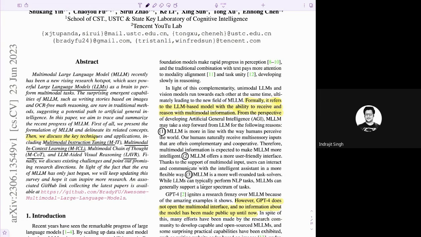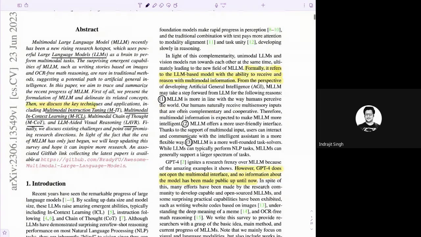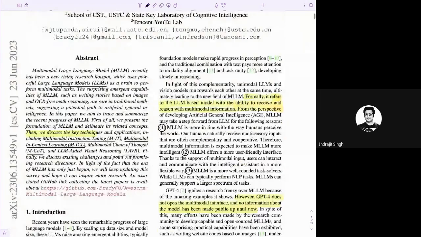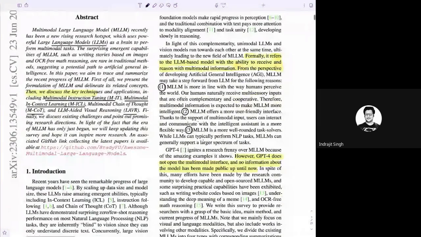LAVR and chain of thought are both becoming hot areas, which I would say are a subdomain of the way we do prompting for these LLMs, nothing else, right? Finally, we'll discuss the existing challenges and point out promising research directions. Okay, so there is a GitHub for this. You can search for this paper, go to the GitHub, and have a look at what else is there.